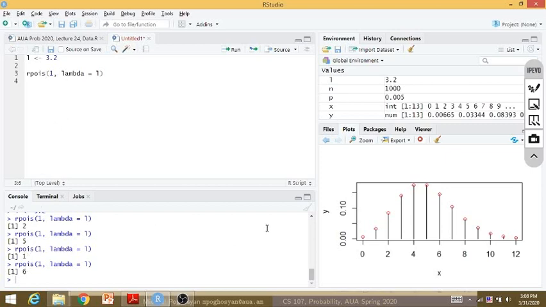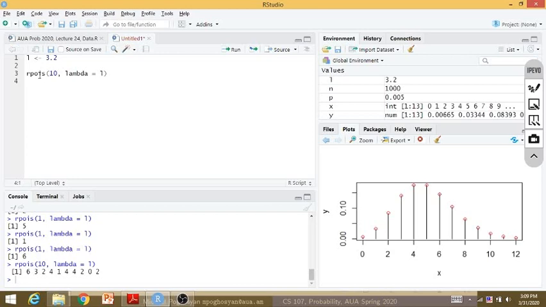Say we are calculating how many cars are passing through my window in an hour. This is the average number, 3.2 cars on average in an hour. And one day, during 1 hour, I can have 2 cars. Another hour, I can have 5 cars. Another hour, I can have 1 car, etc. Say, if I want to do that experiment 10 times, I can write 10, so this command will give possible values.